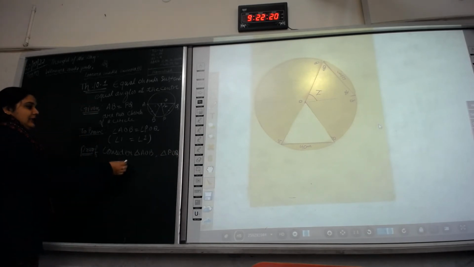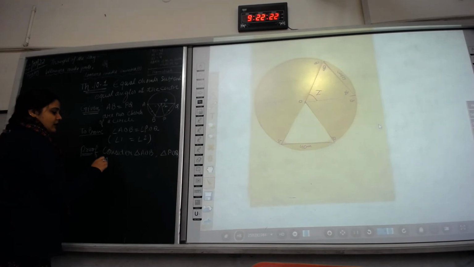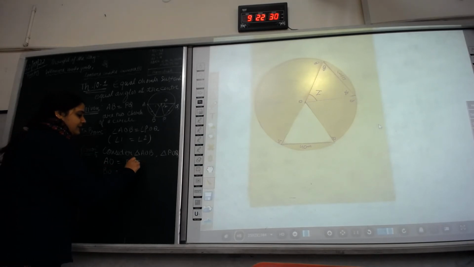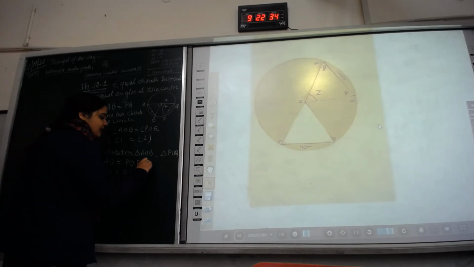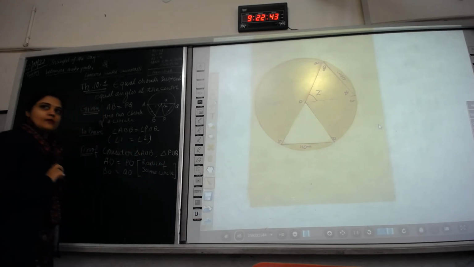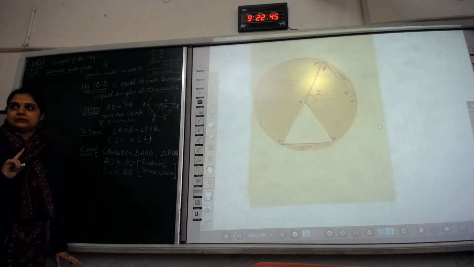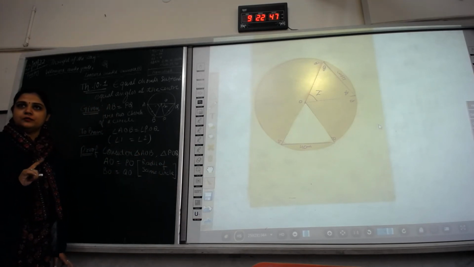In these two triangles, AO is equal to PO and BO is equal to QO, and reason for both these steps is same. These are the radii of same circle. Alright? Is it clear up to this point?